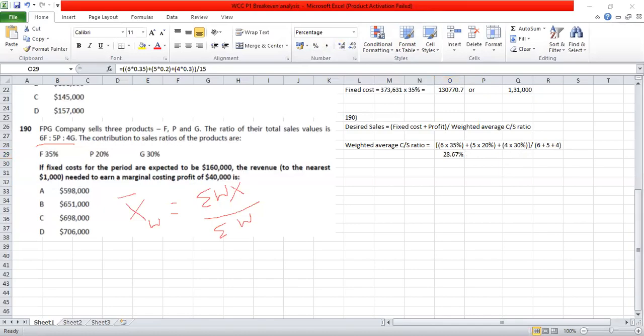Is that the answer? Okay, so once we have the denominator, I think we can proceed further with the solution. Desired sales is equal to, the numerator has fixed cost amount given as 160,000 plus the expected profit, given as 40,000, divided by 28.67%.